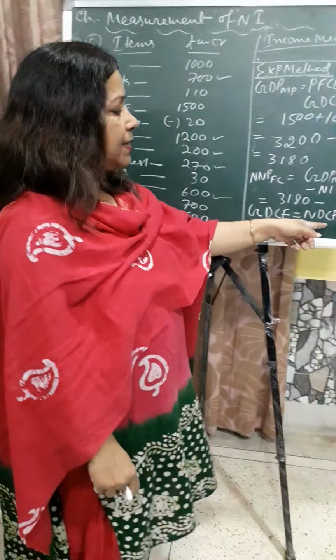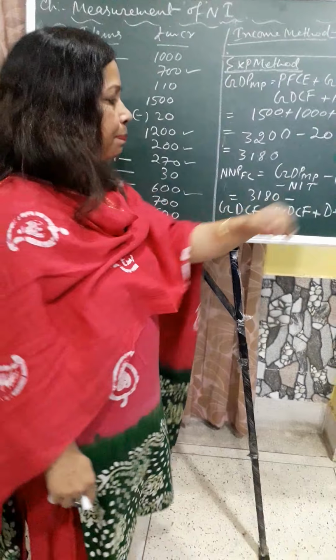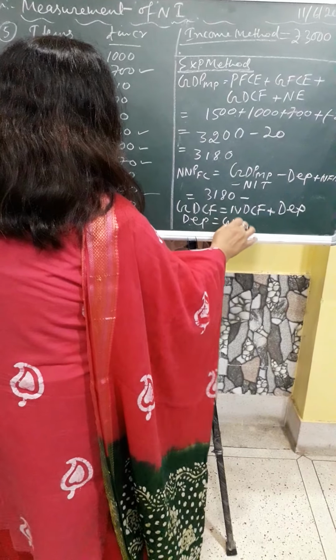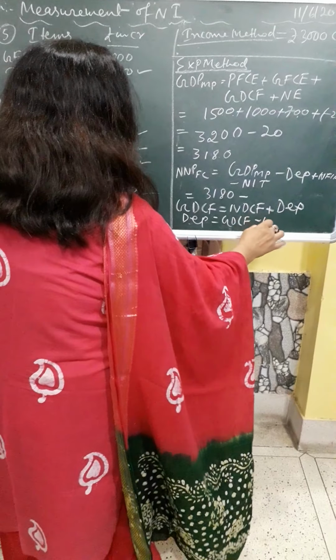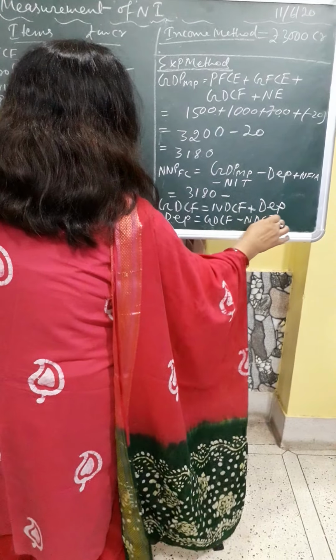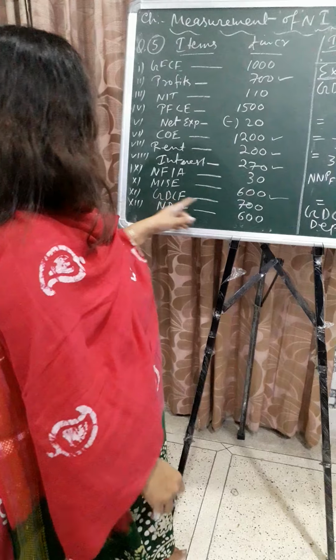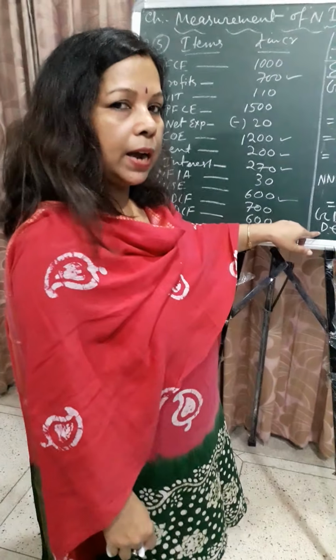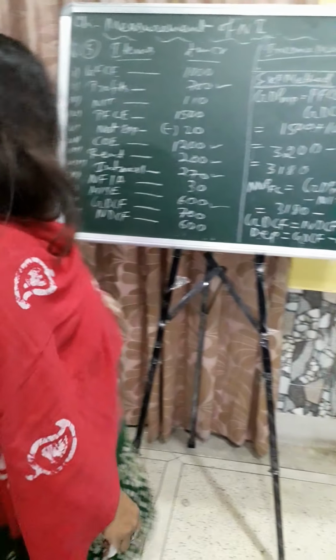This is the formula. How to calculate GDCF? NDCF plus depreciation, as I told in the previous class. So here you have to calculate depreciation. Depreciation equals GDCF minus NDCF. GDCF value is 700, NDCF value is 600. Then depreciation will be 100.